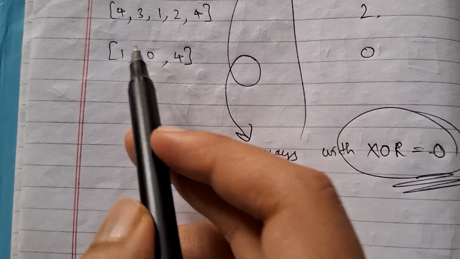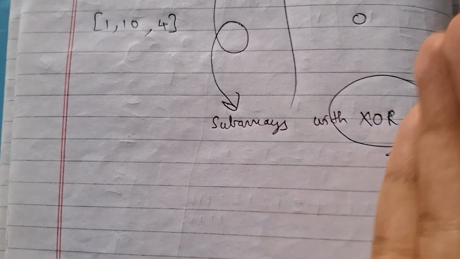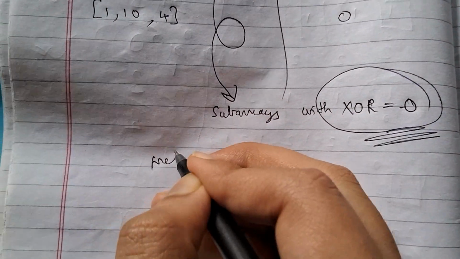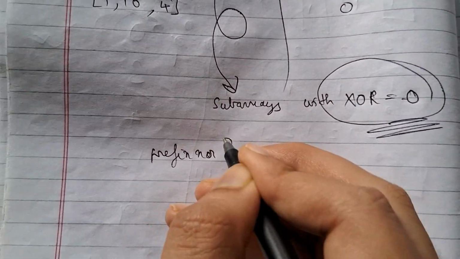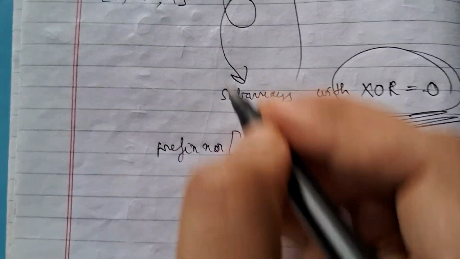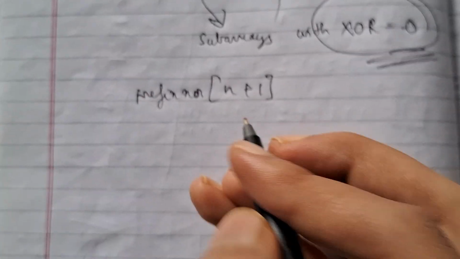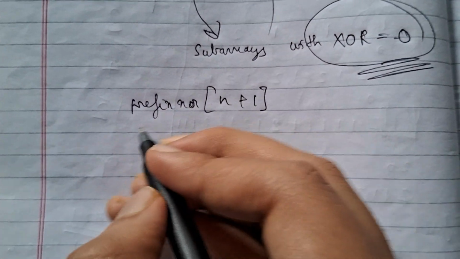The naive approach is to run a loop. Anyway, whatever approach you are going to use, you have to use the prefix XOR, a prefix XOR array of size n plus 1. Let's say for this example, 4 3 1 2 4, what is the prefix XOR array going to be?